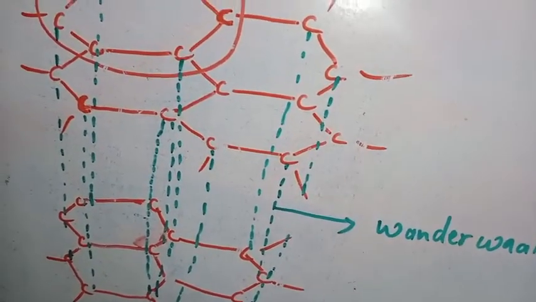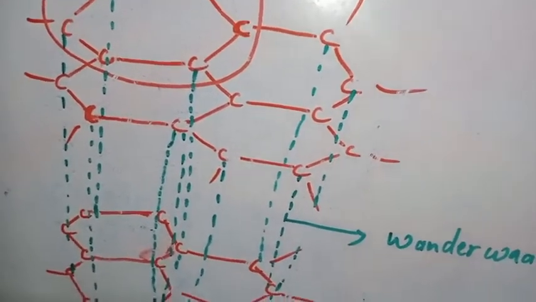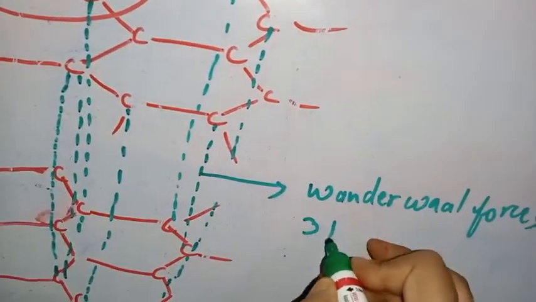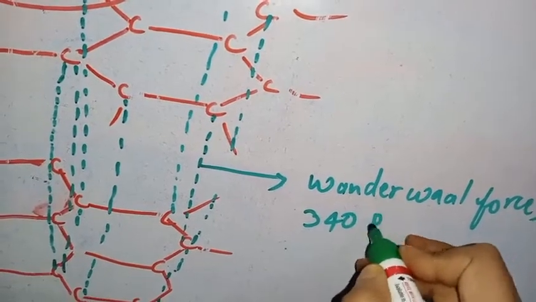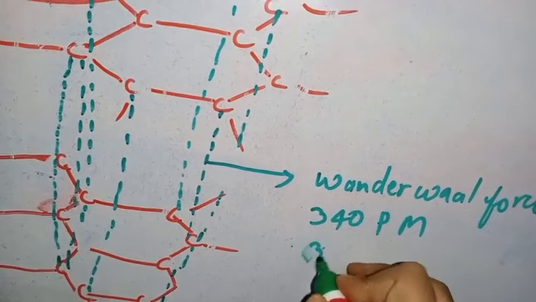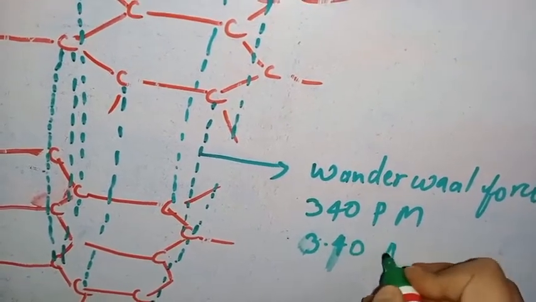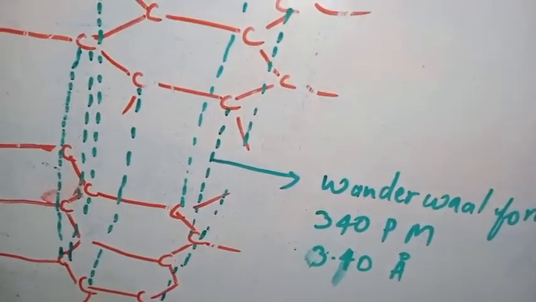Now the distance between the two successive layers is about 340 picometer, or you can say it is 3.40 angstrom. Understood?